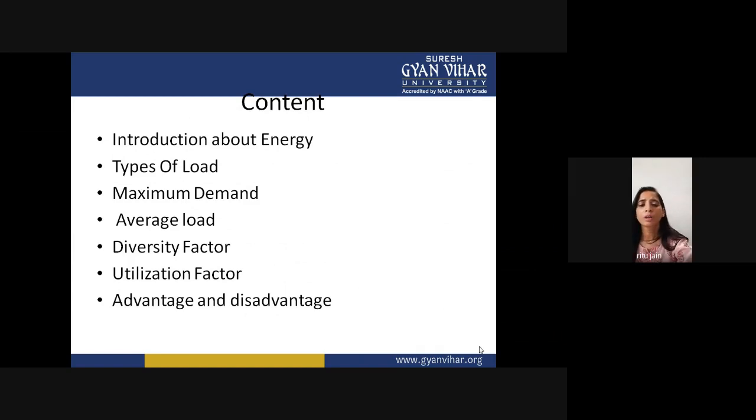The load curve is always drawn between time on the x-axis, 24-hour time, and the demand or the load required on the y-axis.